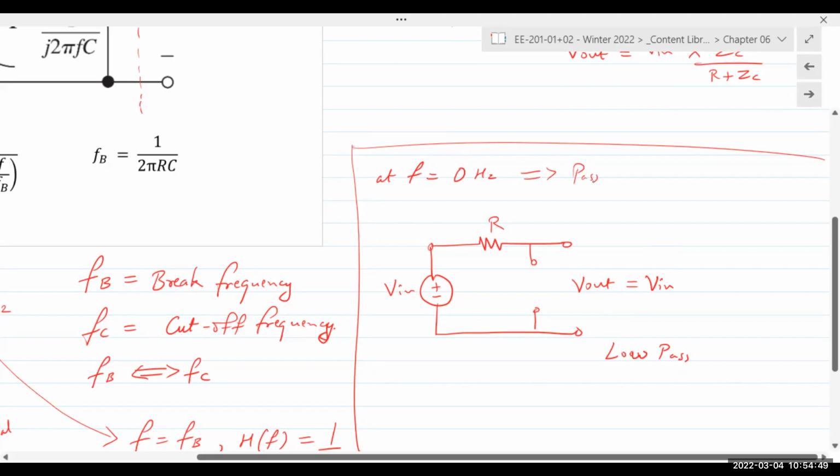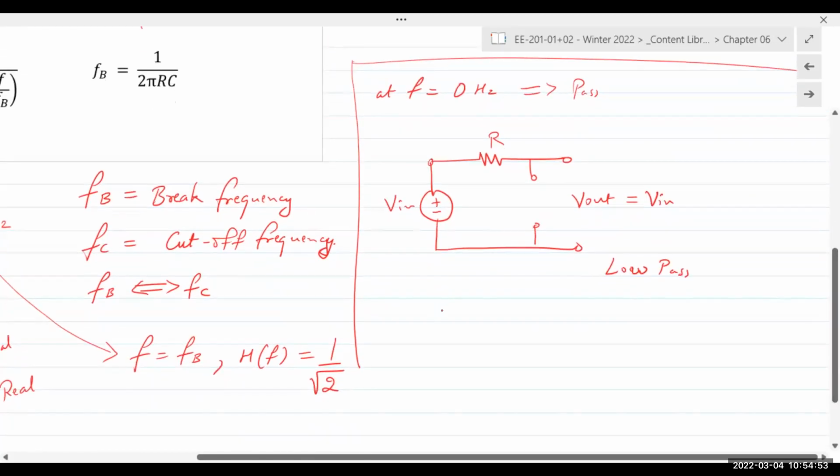So by using that table, you have to see what the value of V out is. If V out is equal to V in, then it's allowing those frequencies to pass through. If V out is equal to 0, then those are said to be blocked. So high frequencies, what happens? As F tends towards infinity, the capacitor behaves like a short circuit.